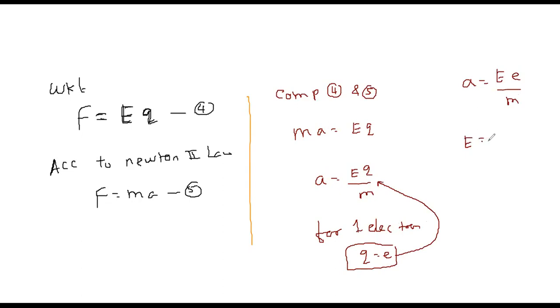Here, what is capital E? It is the electric field. What is small e? It is the charge of the electron. And what is m? The mass of the electron. So it is equation number 6. If you have any doubt, ask.